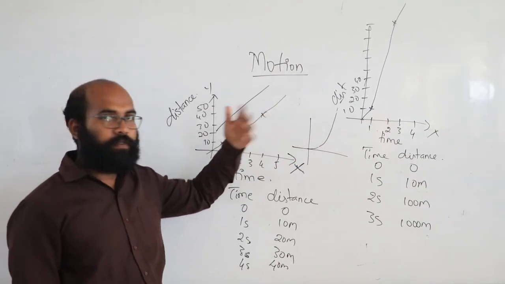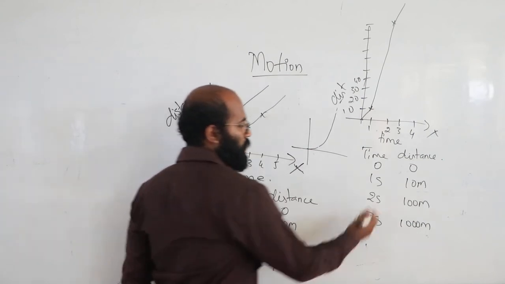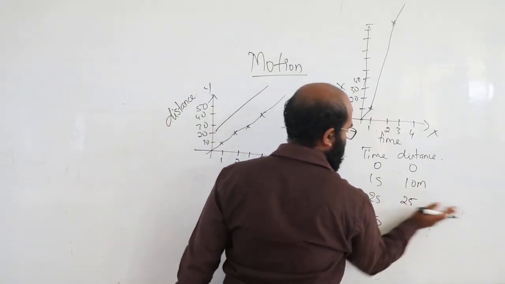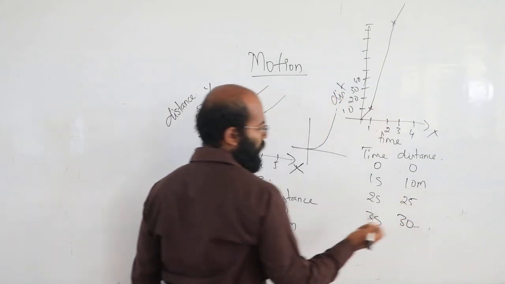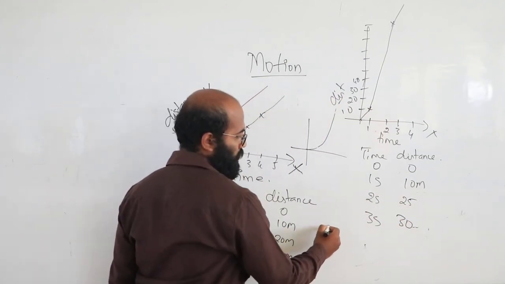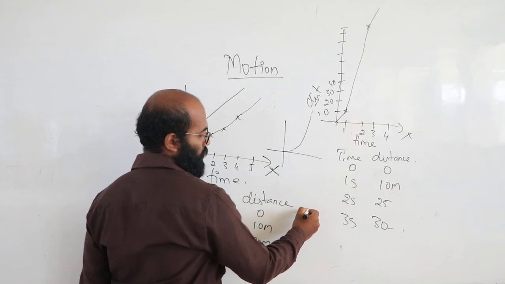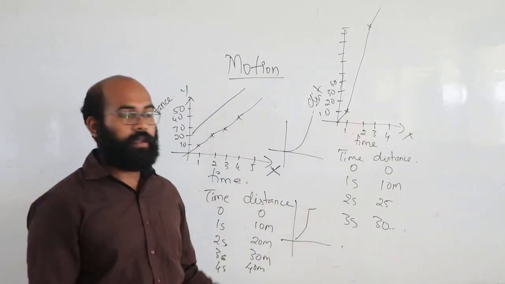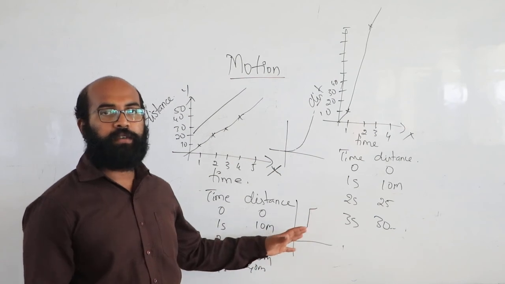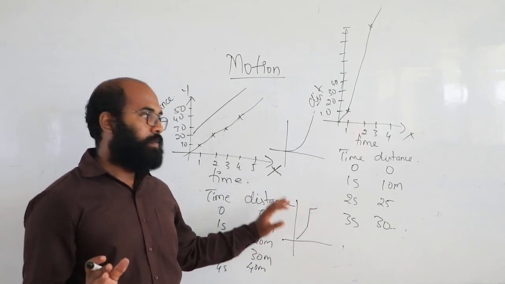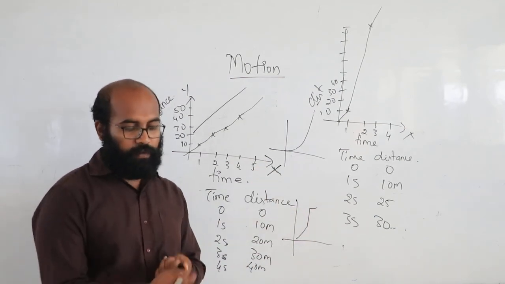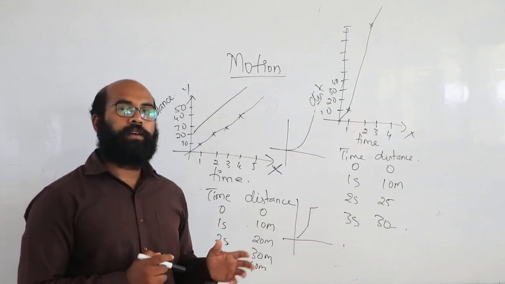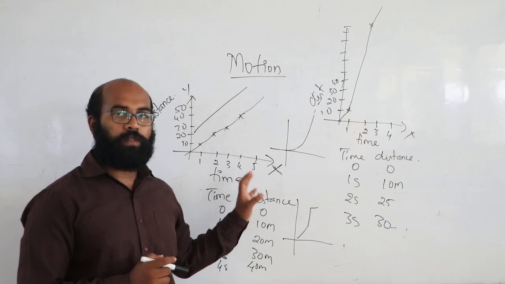If it is traveling with variations, like maybe for 2 seconds instead of 10 it is 25, next 30, the graph can be any shape. There is no perfect shape for non-uniform motion. In the next classes we will be solving some more time graphs as well as acceleration graphs, and see how to solve the problems.